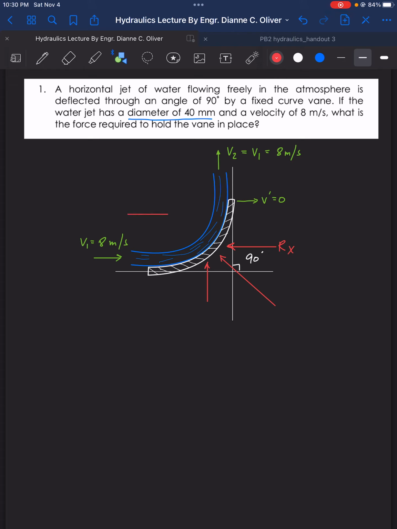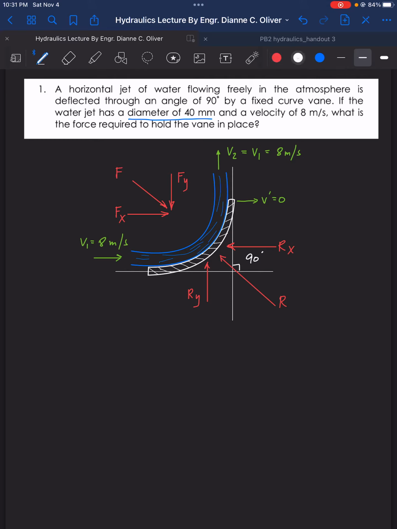So this is also our force for the jet or the water, Fx, the same magnitude but different in direction. Then this is our Ry, and this is also our Fy. This is our R, the resisting force, and this is F, the force of the jet.